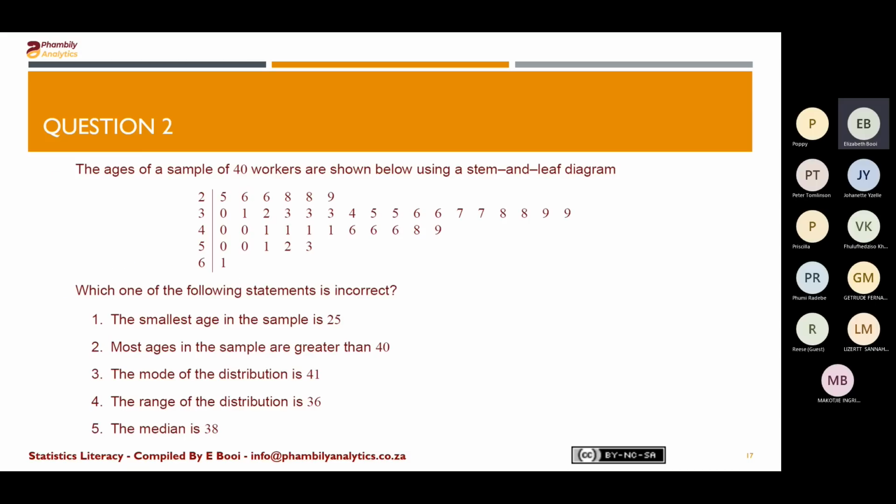Sometimes, based on the information that you've learned previously, they can also ask you questions based on that information. For example, you know this graph, right? This chart represents a stem and leaf plot, right? And we know that a stem and leaf plot is numerical data where the first value is 25, the second value is 26, and the last value is 61.